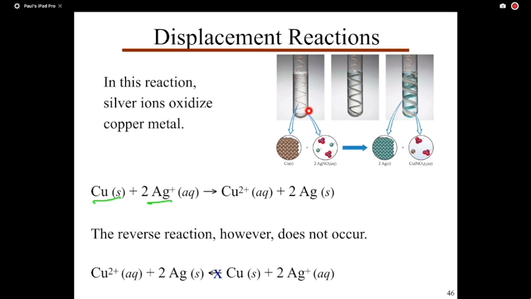That's the elemental form. This is a solution of silver ions. If you actually take a look at this, look what happens to that copper. It becomes a little bit fuzzy. Here it looks even more fuzzy. And then what is the color of the solution? Can you see it a little bit in that last picture? You see the solution here is clear. Can you see color in the solution in the end?